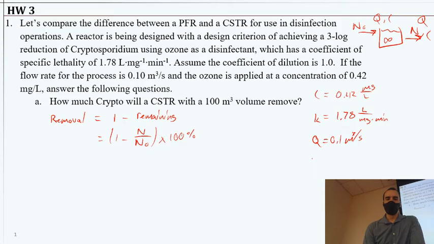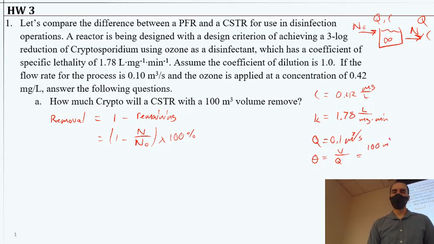We could go ahead and calculate the theta. It's V over Q. Right now I'm just putting all the different knowns and unknowns together, organizing so that we can put everything in place. So this is 100 cubic meters divided by 0.1 cubic meters per second. That's essentially multiplying by 10, so that's 1,000 seconds.